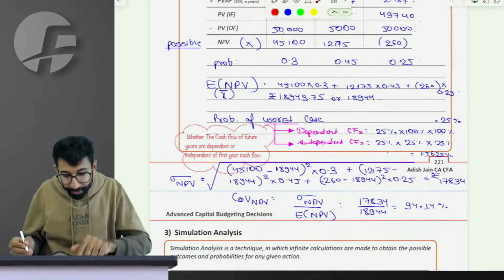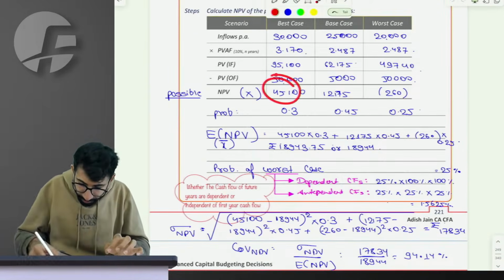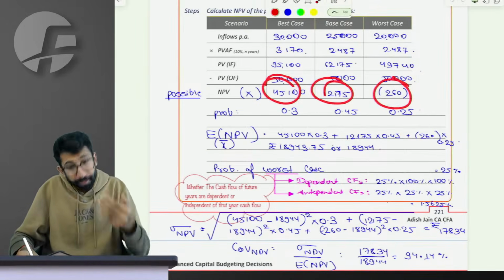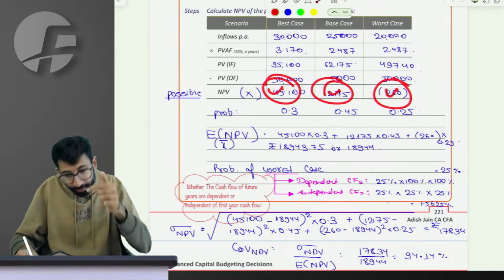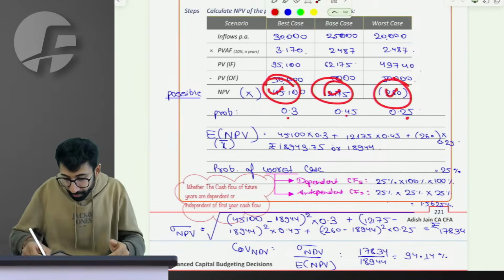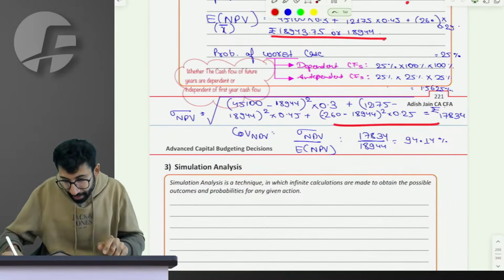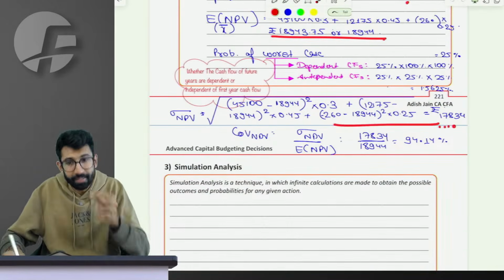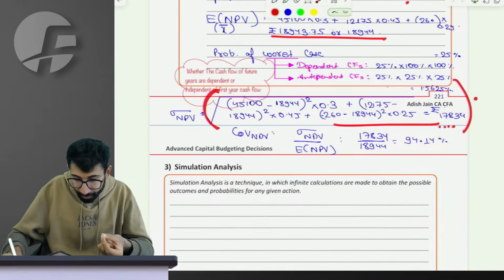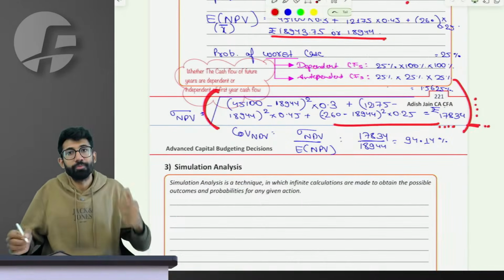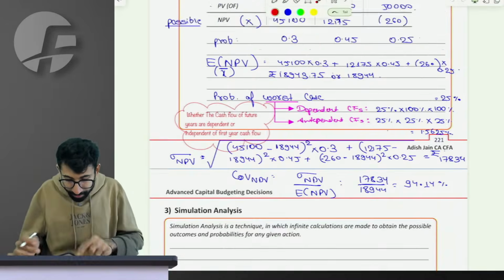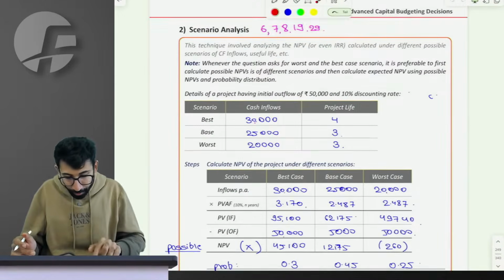Sir, only difference is here you first calculate NPV of respective scenario and then proceed ahead to calculate the expected NPV or the standard deviation of NPV. Everyone in the class, the formula approach that we had learnt here has been applied, if you all observe. This was scenario analysis. Let's solve the practical question of this type.